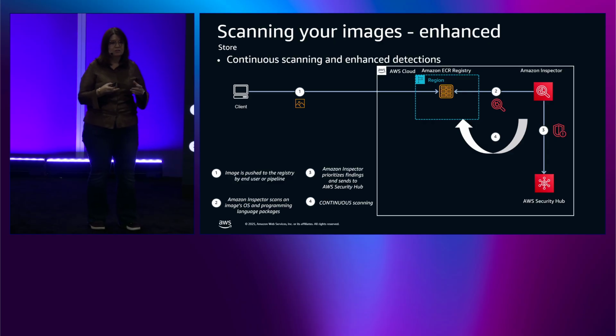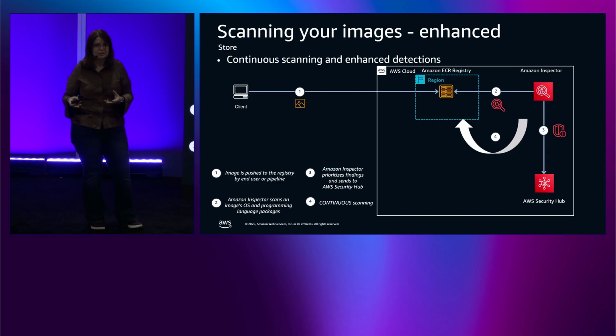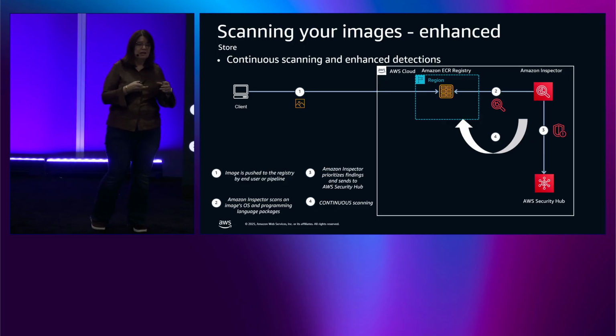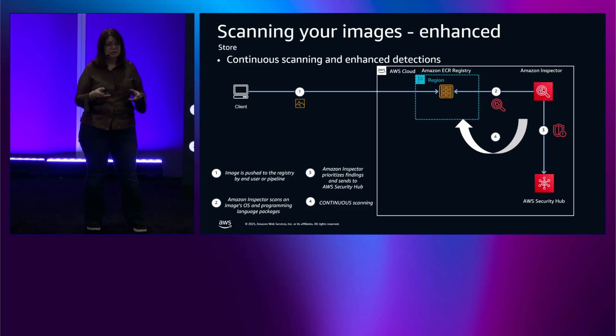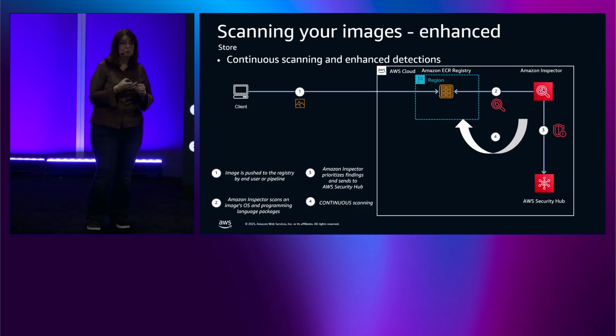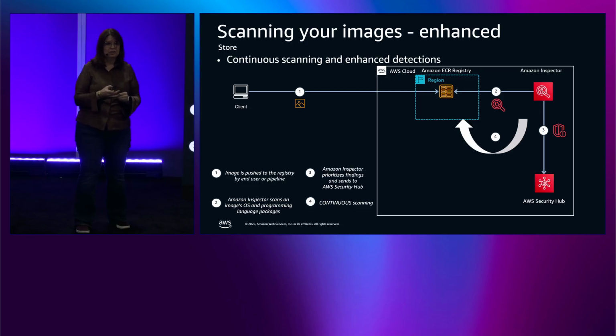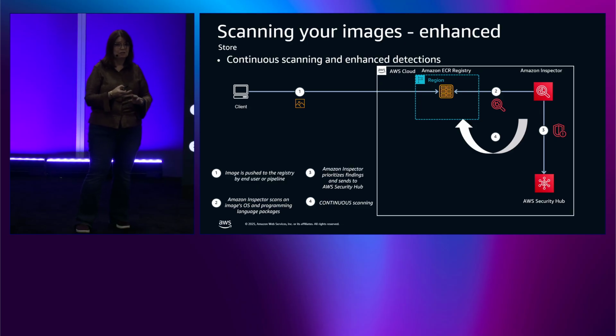Because it's no use knowing about vulnerabilities if you don't know where those images are running. With the integrations between ECR and Inspector, with both Amazon ECS and Amazon EKS, it will tell you where those affected images are running, down to the task and pod level in your clusters. So you not only know you've got affected images, you know where they're running.